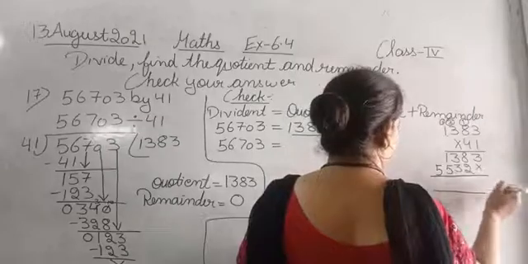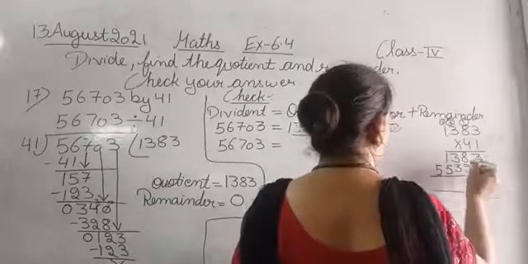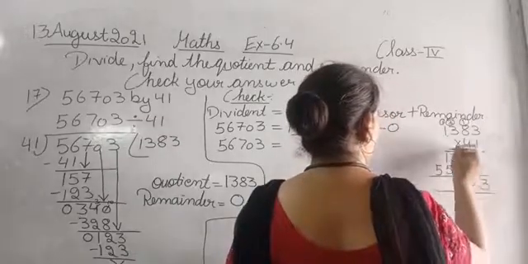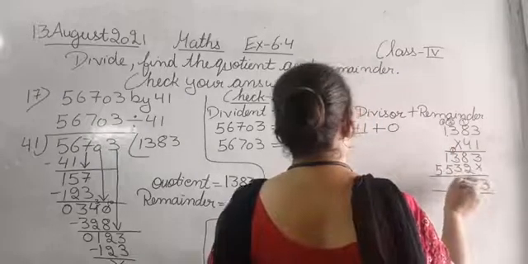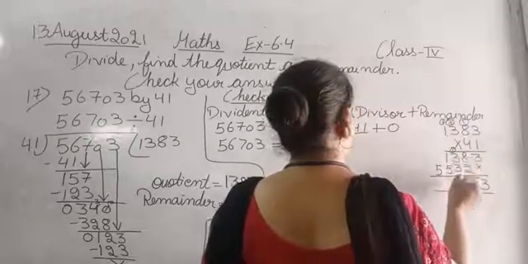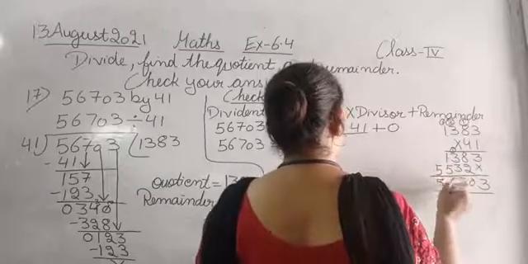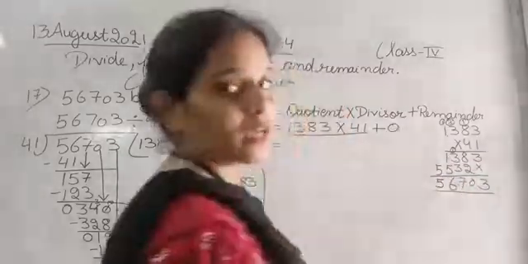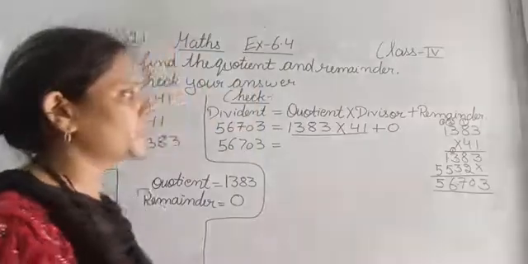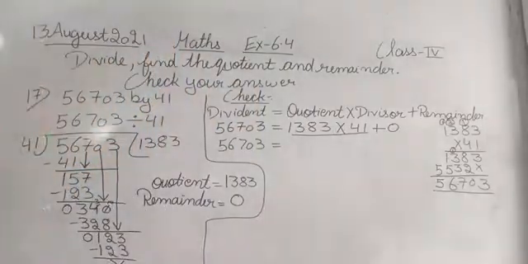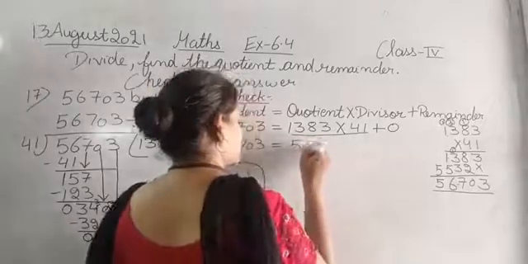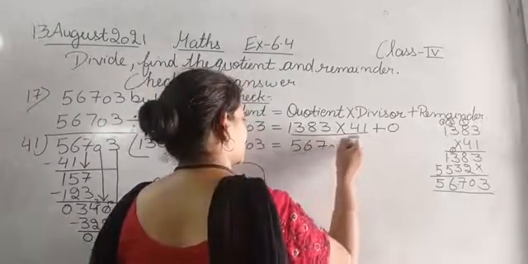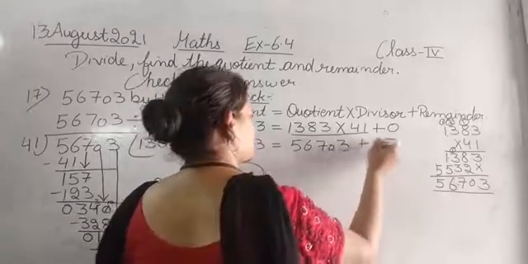So now let's find out. 3, 8 plus 2, 10. 3 plus 3, 6 plus 1, that is 7. 5 plus 1, 6, and this is 5. So after multiplying 1,383 with 41, we got 56,703 plus 0.